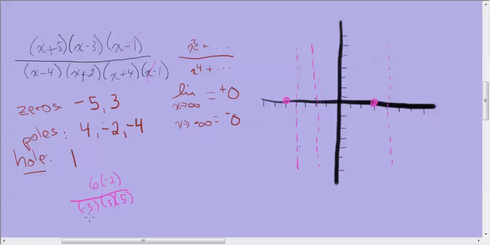So negative 12 divided by negative 45. So it's going to be a positive value around a quarter, right? 12 over 48 would be 1/4.